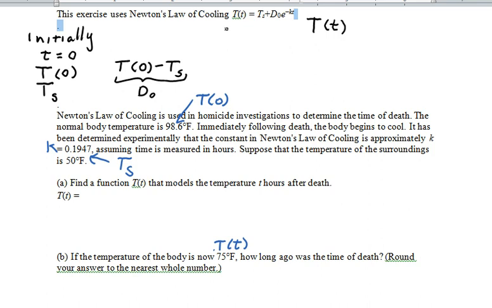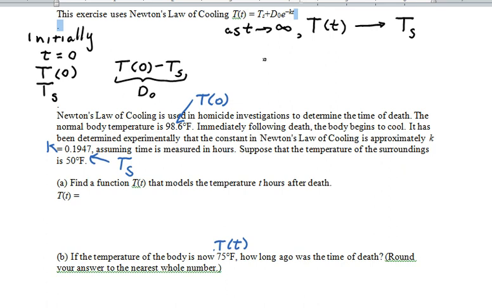We note that as lowercase t approaches infinity, that is, as the object is left in its new surroundings, the temperature of the object approaches the temperature of its surroundings.